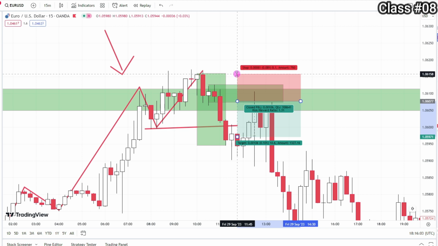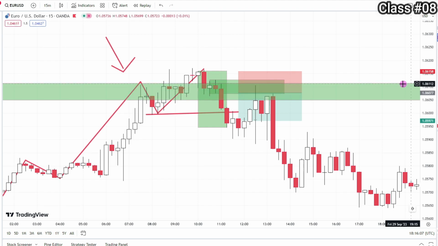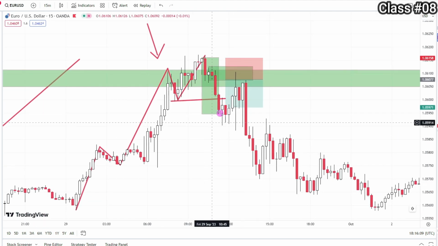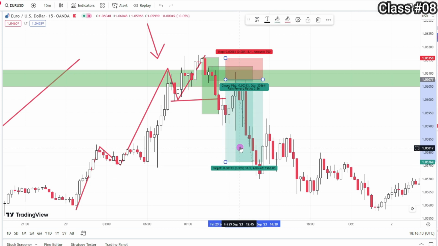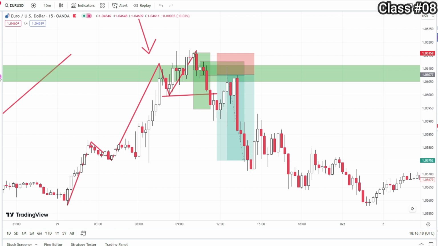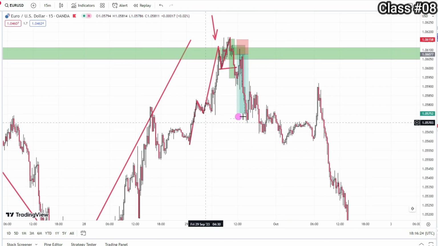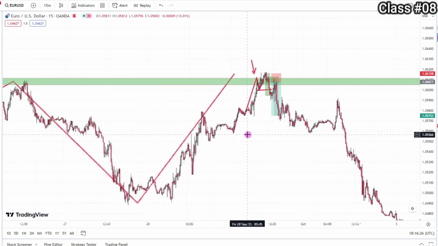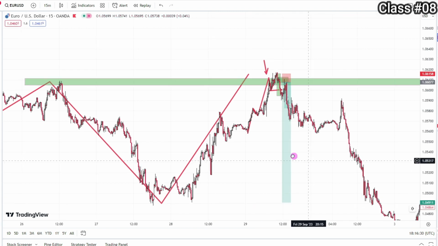Like here should be our stop loss, and our take profit should be at least 1:4. So we'll close most of our trade at 1:4, and the rest of the trade will close at this 4-hour structural lower low.